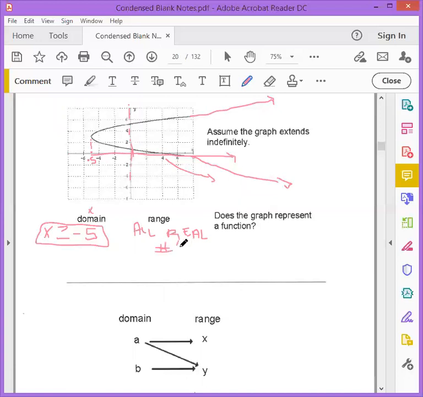Now, does this graph represent a function? Let's perform the vertical line test. We can see how our vertical lines touch the graph in 2 places. So we would say, no, this is not a function.